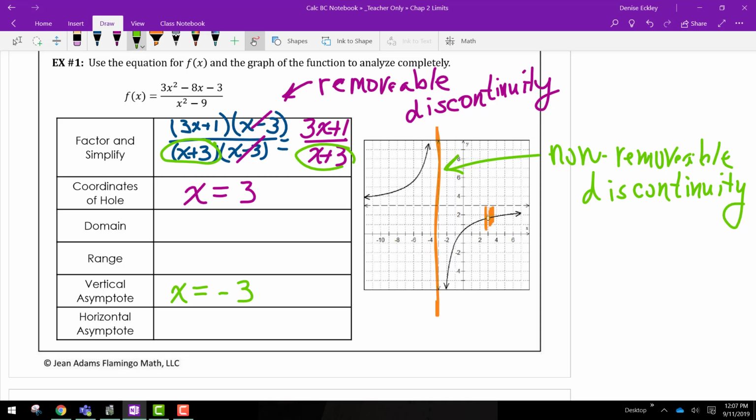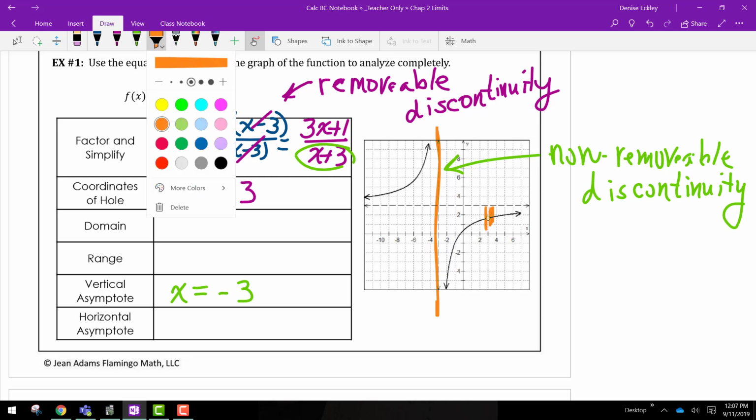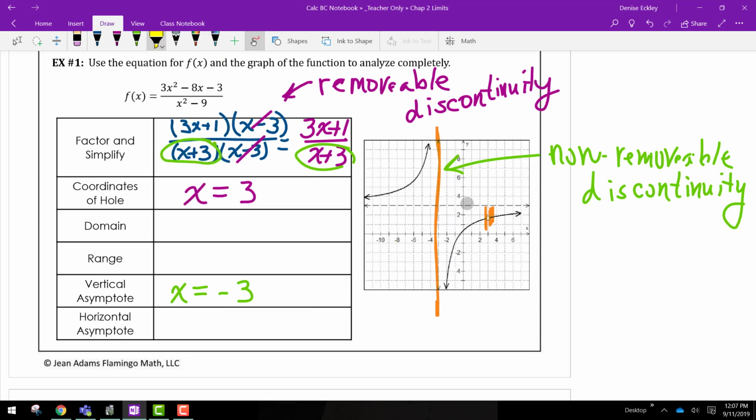Our horizontal asymptote occurs at this horizontal line right here, and that comes from the fact that in our simplified form, they have the same degree, so it's the ratio of the leading coefficients, 3/1.